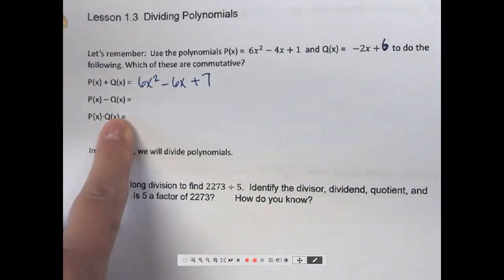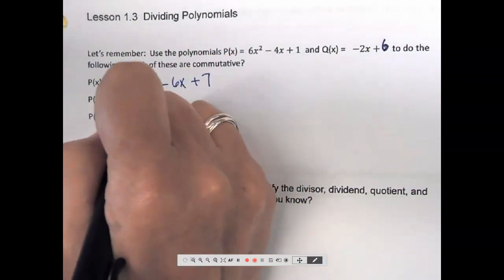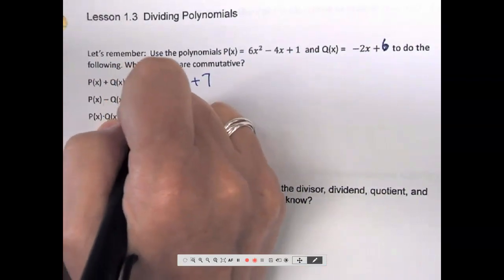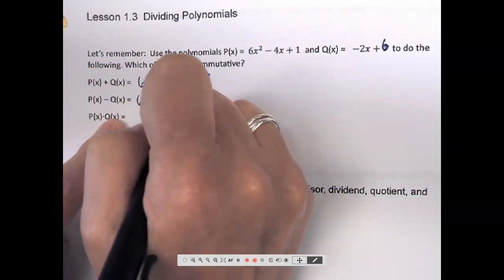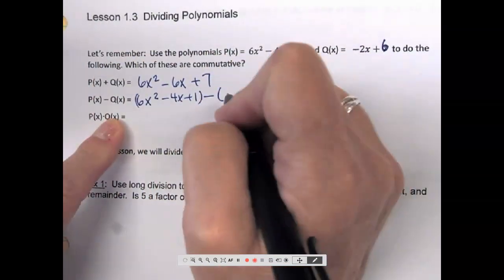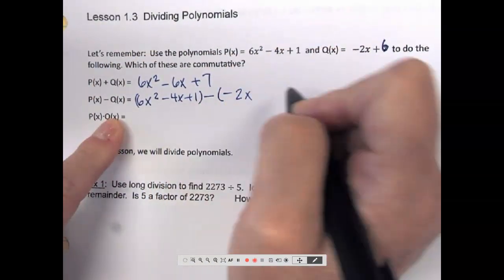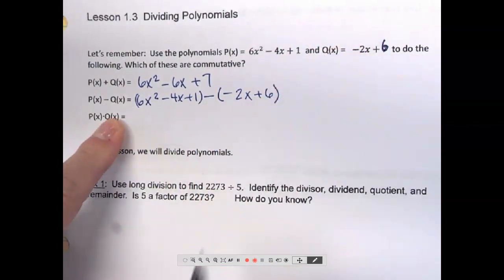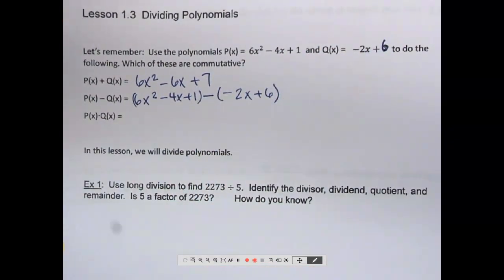Okay, p minus q. So that I don't make a mistake, I'm going to recopy p. Subtract, bring down q. Are the parentheses necessary? Yes. The second ones are.